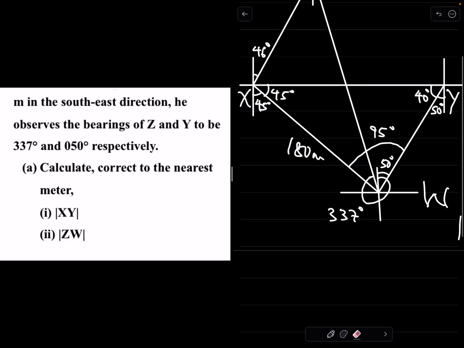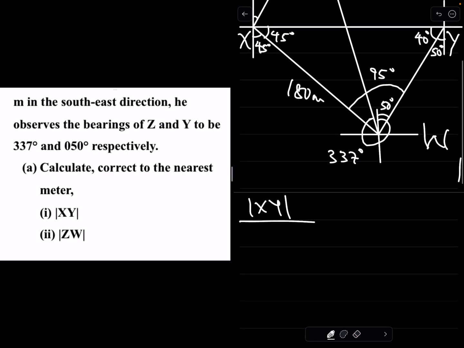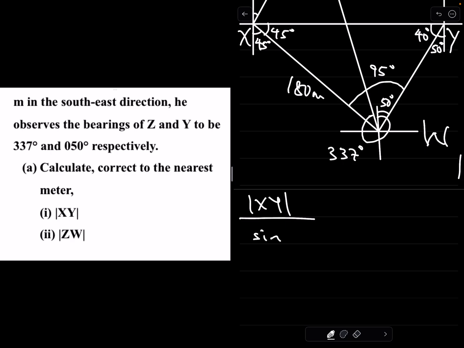So length XY, looking at triangle XYW. Length XY over sine 95 degrees is equal to length XW, which is 180 meters, over sine 40 degrees.